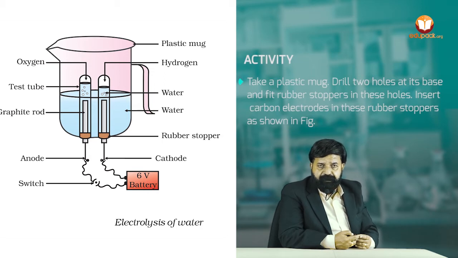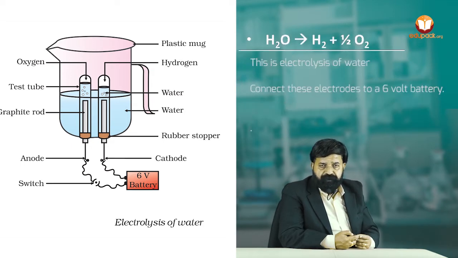Just take a plastic mug, drill 2 holes at its base and fit it with the suitable rubber stoppers. Insert carbon electrodes in these rubber stoppers as shown here. But simply you cannot perform the experiment with the pure water. You have to add a few drops of sulfuric acid or any acid and connect these electrodes to a battery.